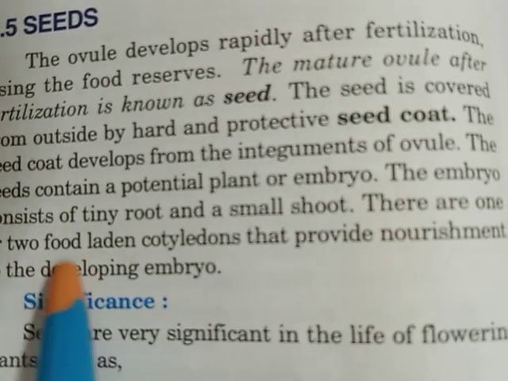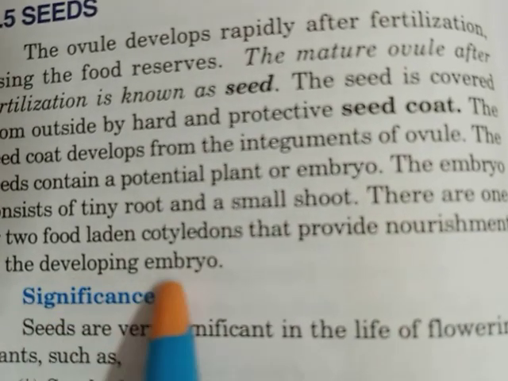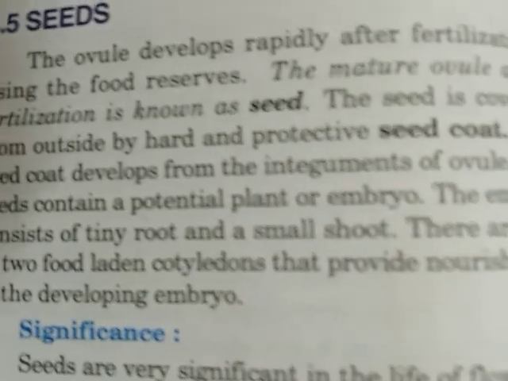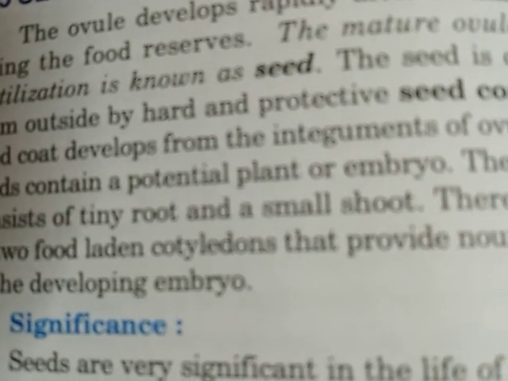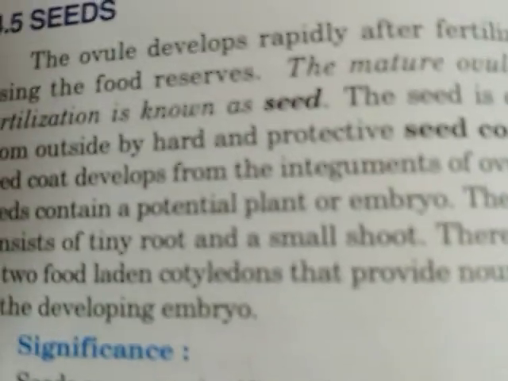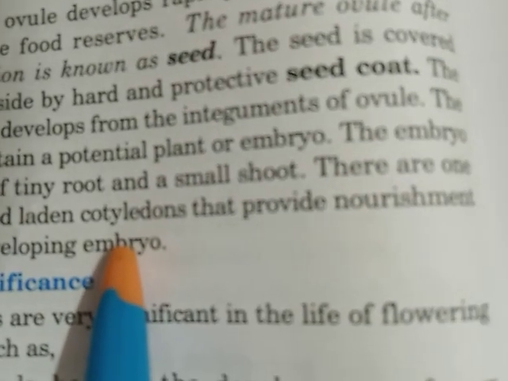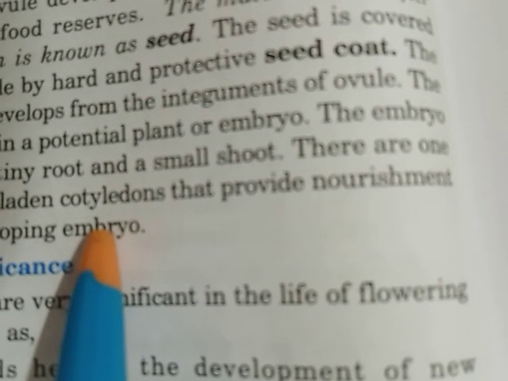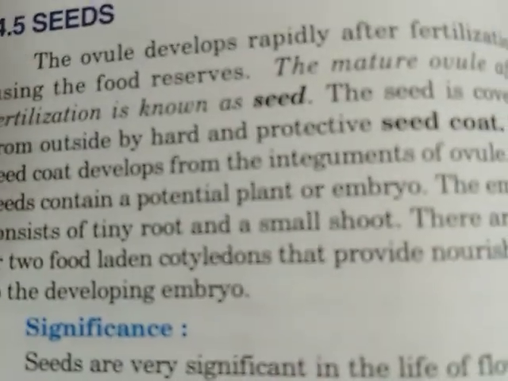There are one or two food-laden cotyledons that provide nourishment to the developing embryo. If the seed is monocotyledon, one cotyledon will be present. If it is a dicotyledon seed, then two cotyledons will be present, and they provide nourishment to the developing embryo.